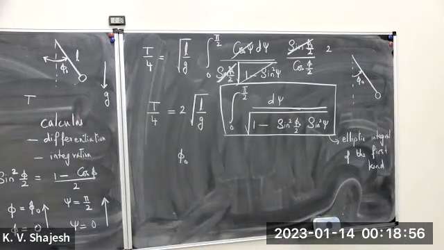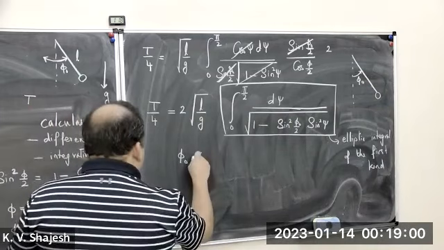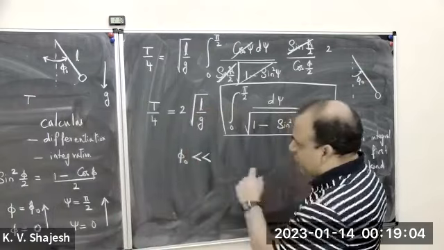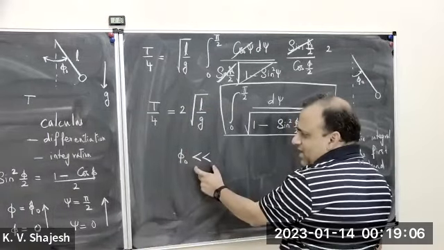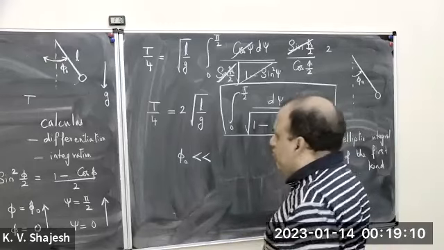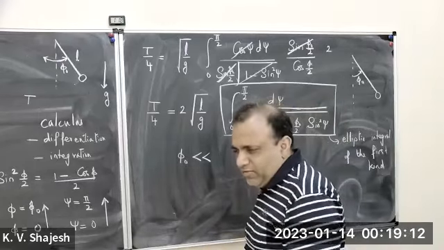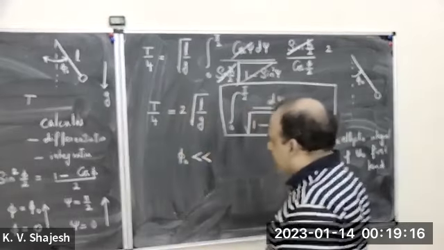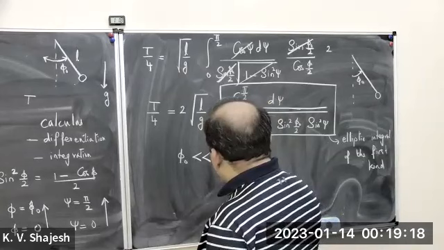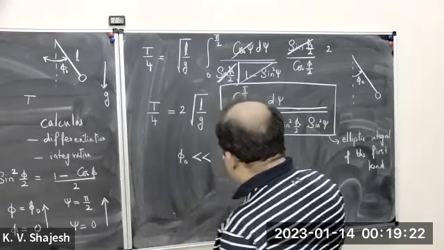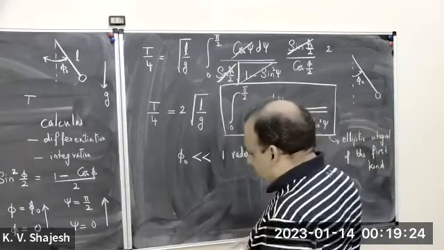If this amplitude is small, what do we mean by small? When an angle is small, what we mean is that it is significantly small compared to something else. Whenever we say small, we have to say it is smaller compared to something, and by that we mean 1 radian. And how much is 1 radian?